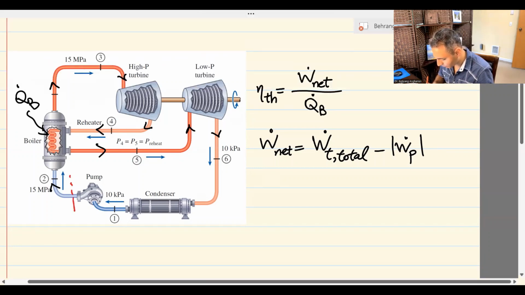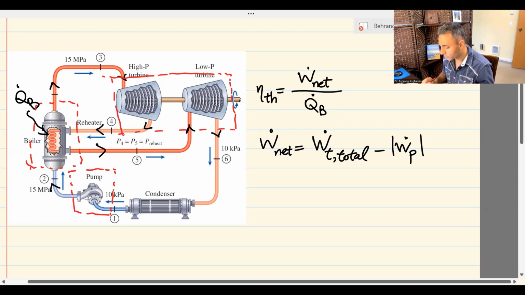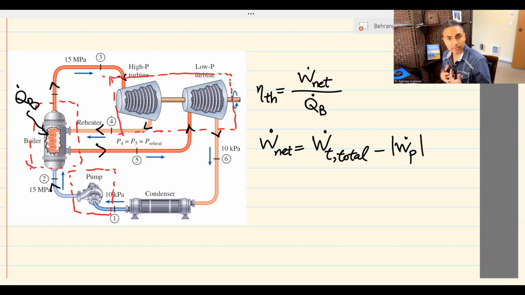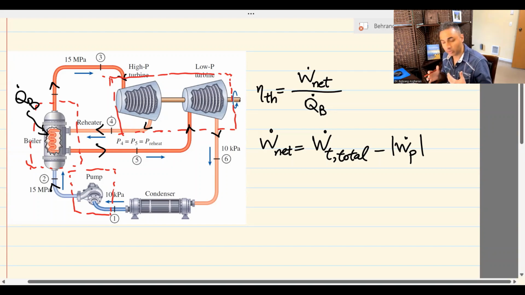This is the system I'm going to pick for the pump, and this is the system for the boiler. For the turbines, just for efficiency, I am going to pick both turbines in one system. And I'm going to look at what streams are crossing the boundaries of my system. So I have picked 3 different systems: the pump system, the boiler system, and both turbines at the same time.